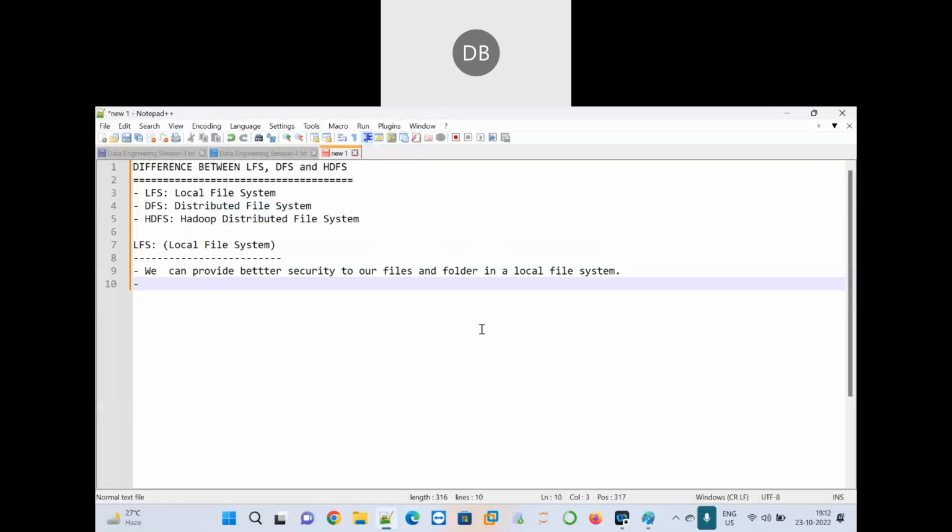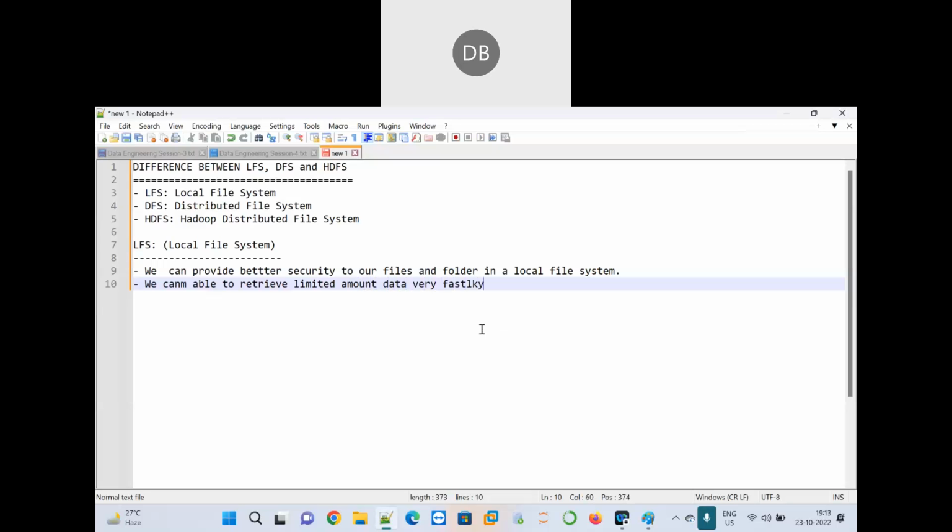So the second advantage is we are able to retrieve a limited amount of data very fast.